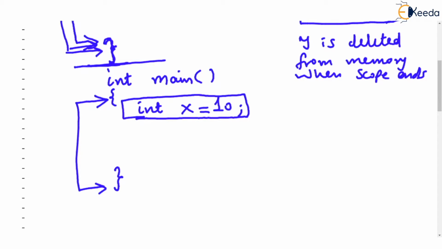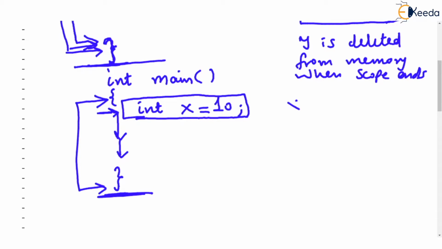So x is a variable of type integer and it has the value 10. Now you can use this x from its declaration onwards. Down below, you can keep using x, but only till this curly brace close. Because when the end of the scope is reached, such a variable is deleted from the memory.